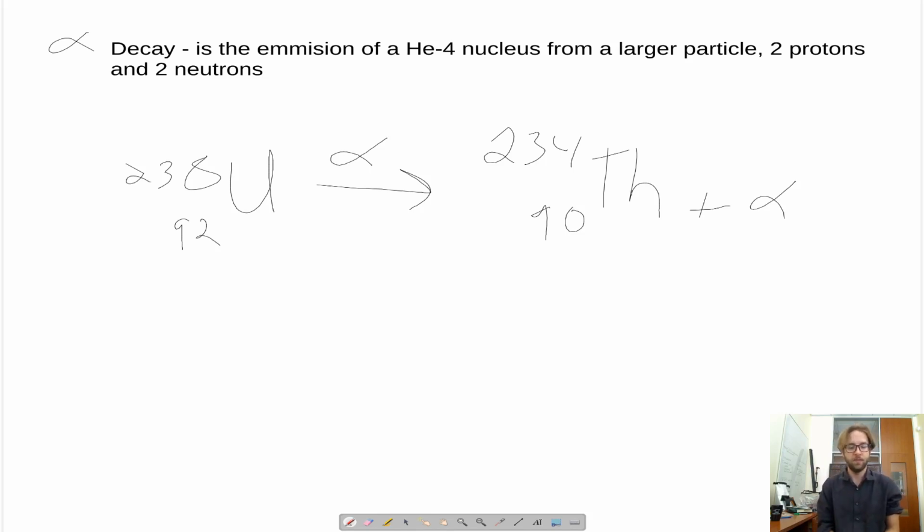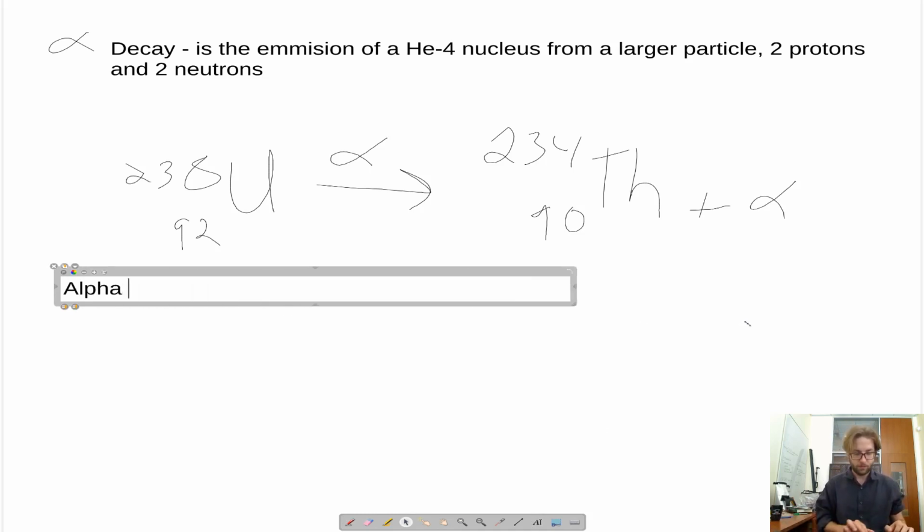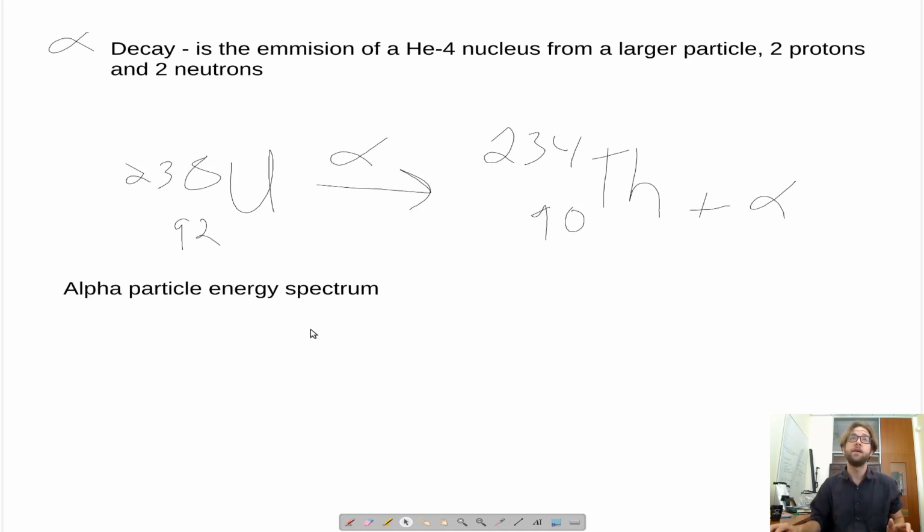Okay? So alpha particle energy spectrum, so the energy that alpha particles come out at, unlike with electrons, they don't come out continuously.